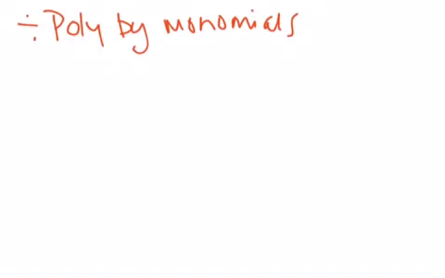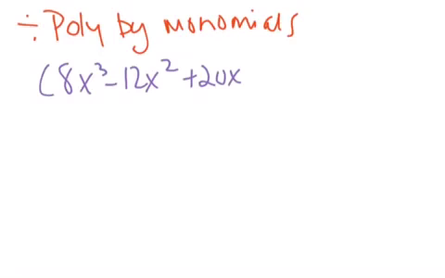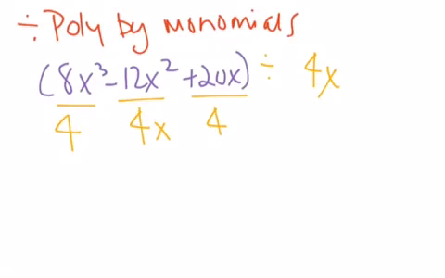Let's do 8x cubed minus 12x squared plus 20x divided by positive 4x. Okay? All we're going to do here is we are going to divide each of these three terms by 4x. That's it. Okay? That's all we're doing here.